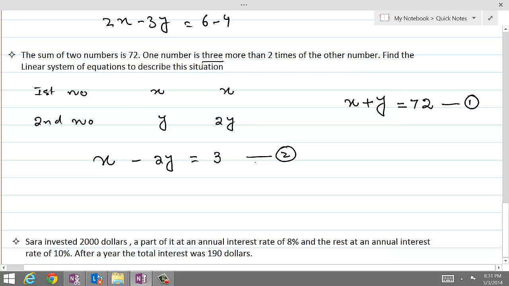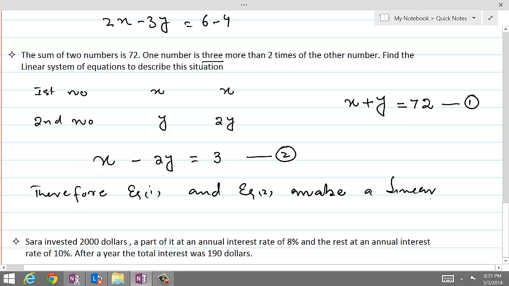So this equation 1 and 2, therefore, equation 1 and equation 2 make a linear system of equations.